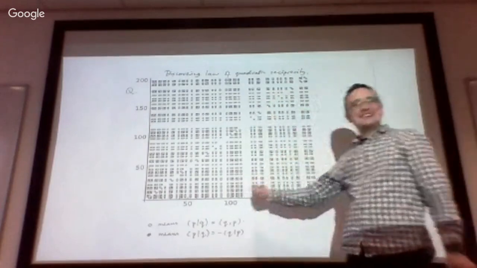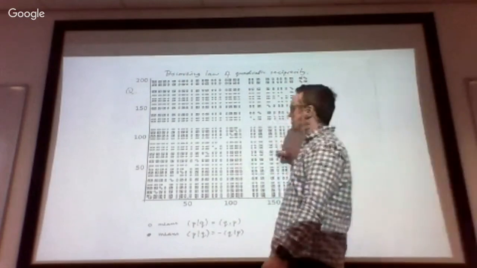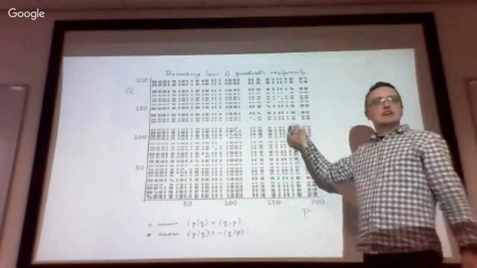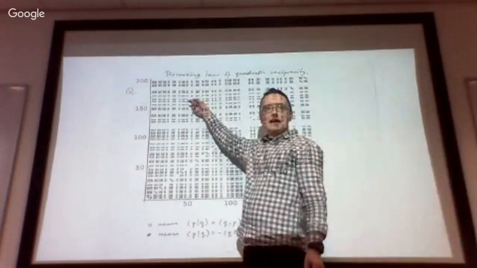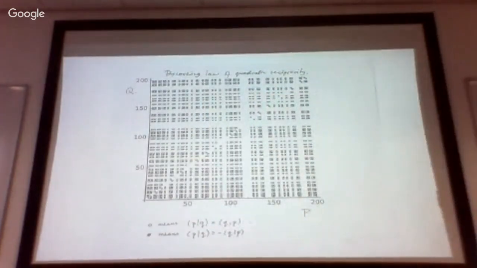So then we generated this picture. This picture indicates the symmetry relation across the 45-degree line. A point over here is at coordinates (p, q). Its reflection across the diagonal is at the coordinates (q, p).